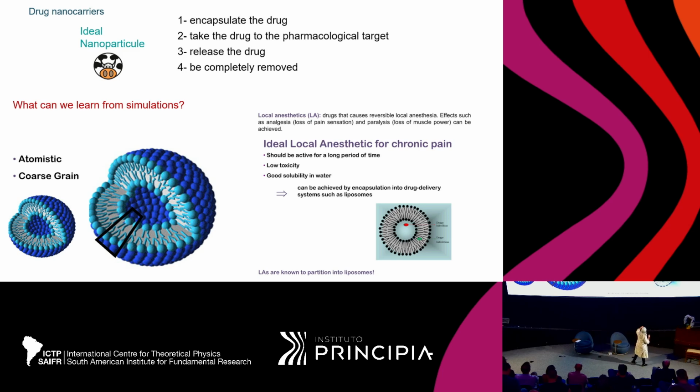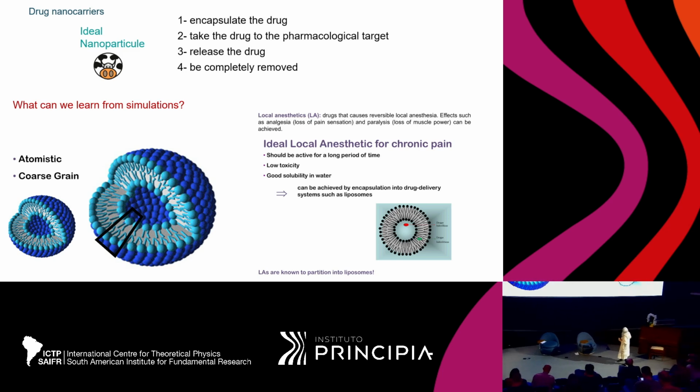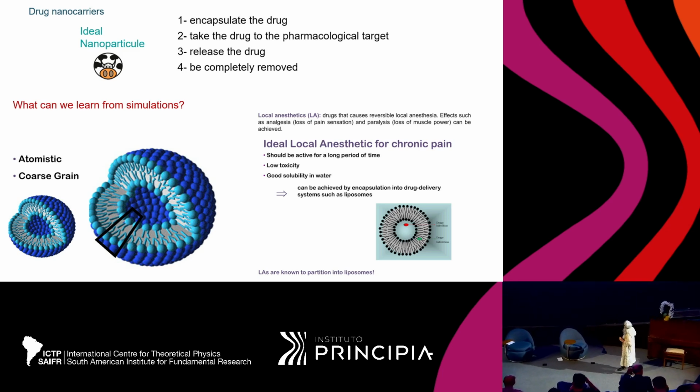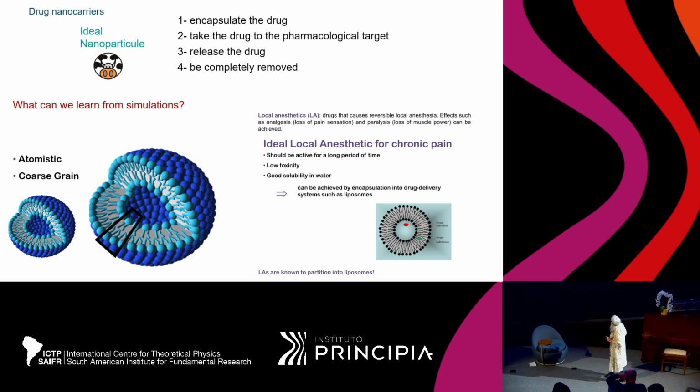I will say next, but most local anesthetics have a pKa that is around 7 something, between 7 and 8, yes? And 7 and 8 means that at physiological pH, they could be protonated or unprotonated. But you have both species. So liposomes are good for carrying both hydrophilic and hydrophobic drugs.